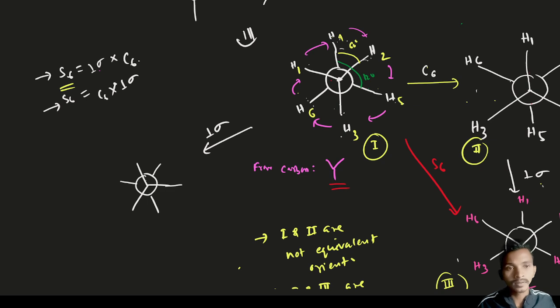The same atoms, whatever the atoms, will remain as they are. It will become the same, just front becomes back and back becomes front. H4, this is H2, and this is H5, and this is H3, and this is H6, and this is H1.